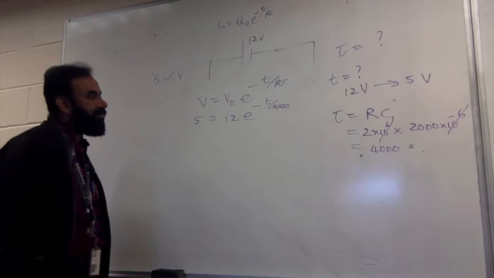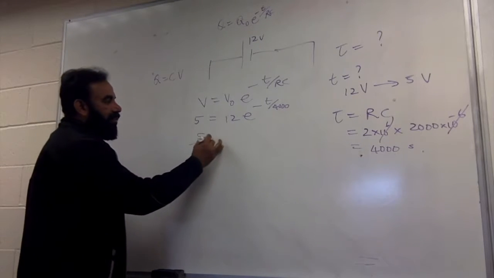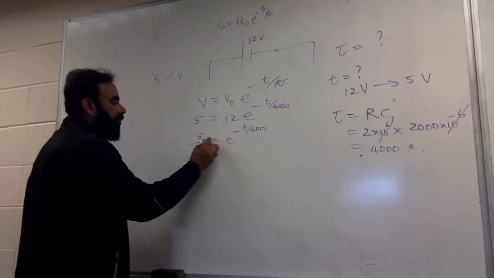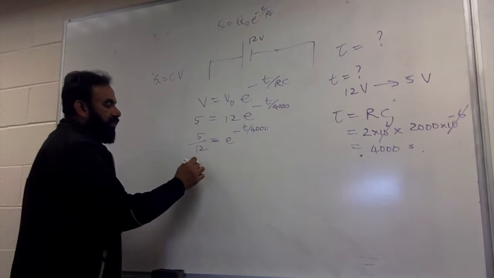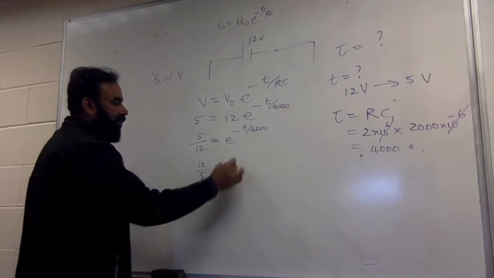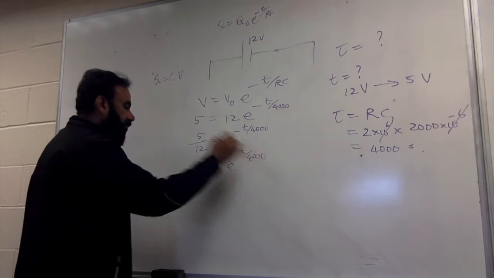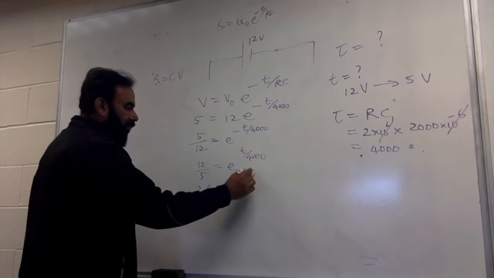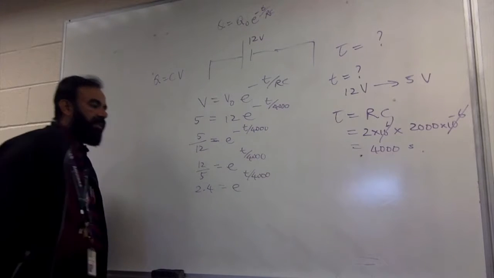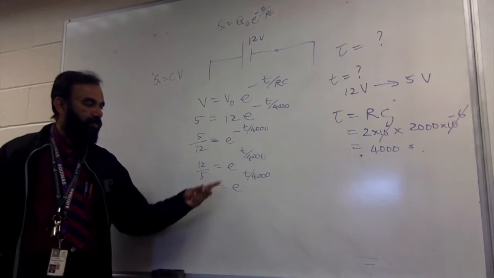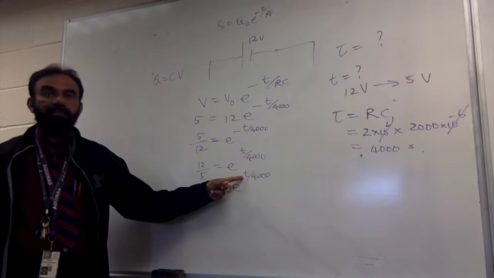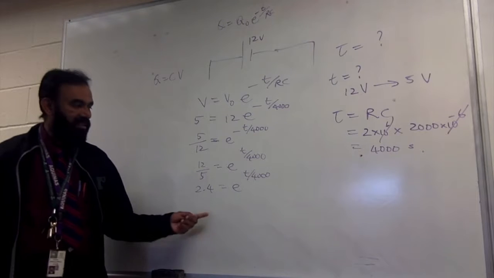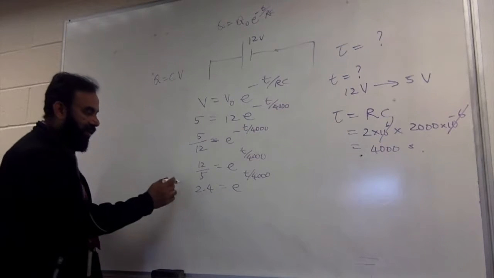Alright, so 5 divided by 12 is equal to e to the power of minus t over 4000. Then flip the whole thing, so 12 divided by 5 is equal to e to the power of t over 4000. So 2.4 is equal to e to the power of t over 4000. The only way to bring a variable down from the power is by taking the logarithm. But in this case, because it's e, we take the natural log.